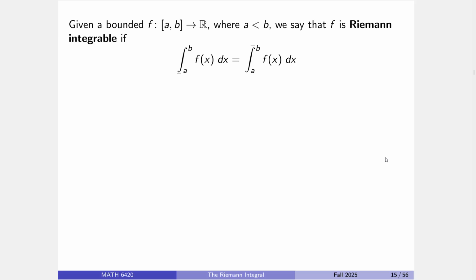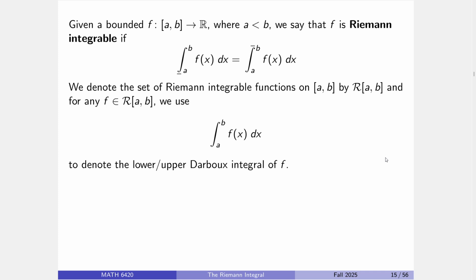Rather than writing the words Riemann integrable constantly, we'll use the symbol R[a,b] to mean we're dealing with Riemann integrable functions, and because these two quantities coincide, we can give it one symbol, the traditional integral from a to b.